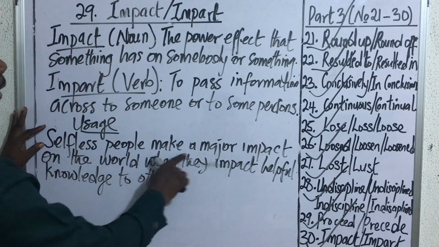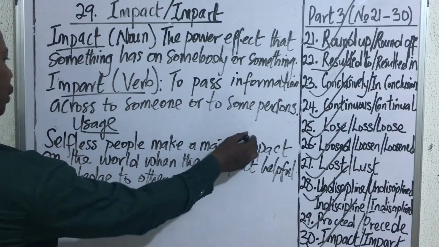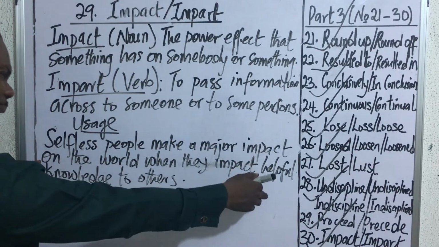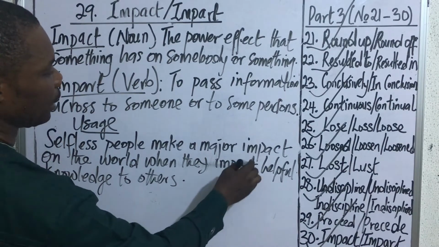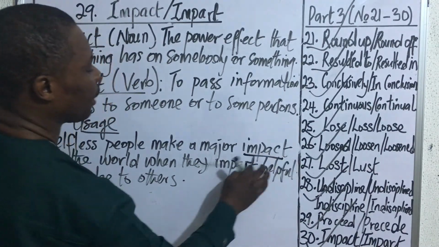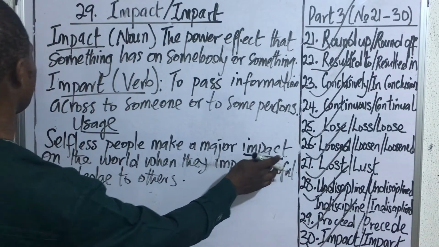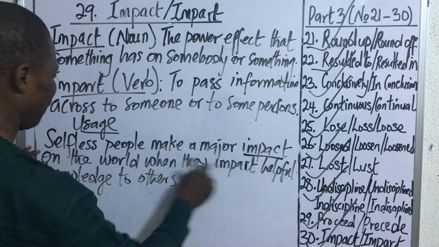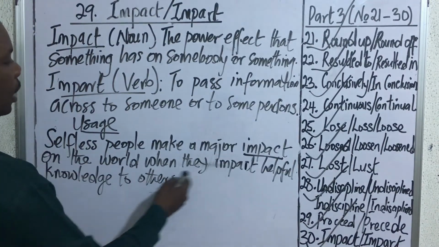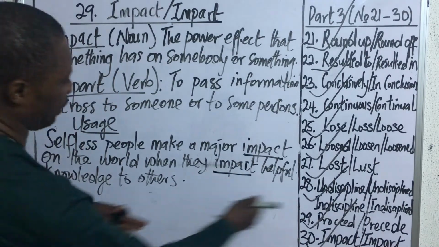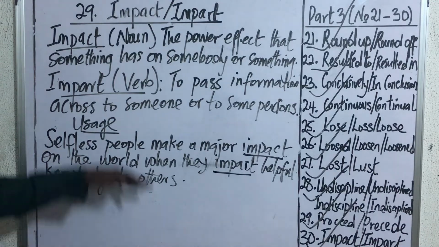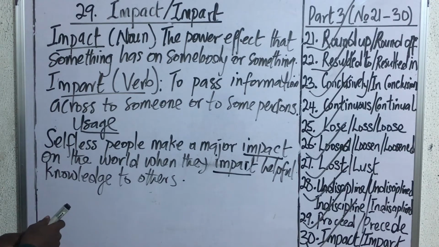Selfless people make a major impact on the world when they impart helpful knowledge to others. Okay? So the first one is with C. Selfless people make a major impact on the world when they impart helpful knowledge to others, when they give out helpful knowledge to others. So this is how these two words can come together in one sentence.